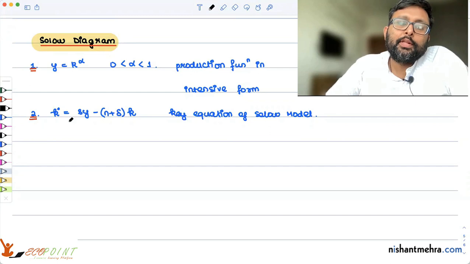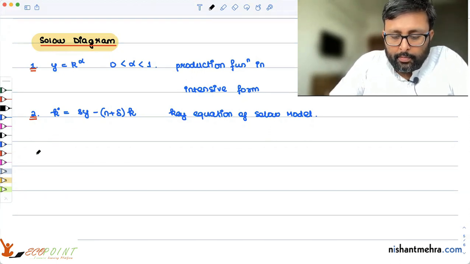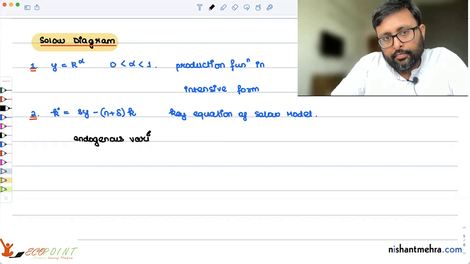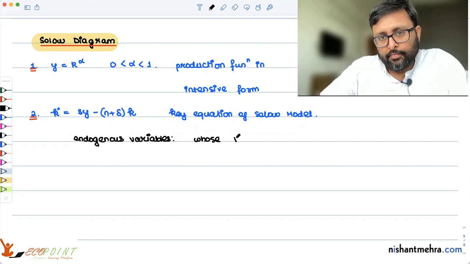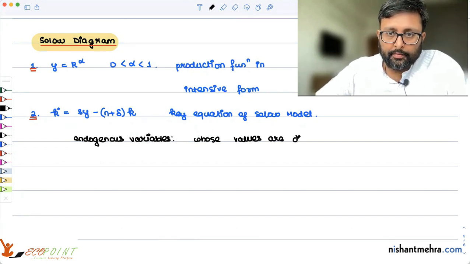Endogenous variables are those variables whose values are determined within the model itself.